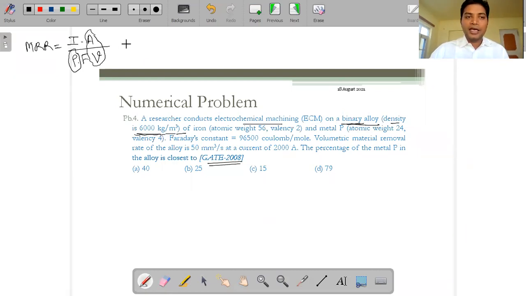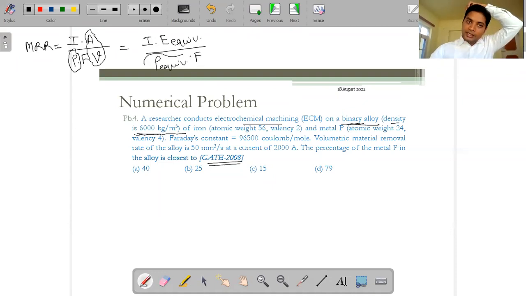So the meaning is, when you calculate the material removal rate for the alloy, you will get I into E equivalent upon rho equivalent into F. But here the densities of the two elements, which make up the alloy, a combination of two materials, are not given separately. The combined density is given to you.